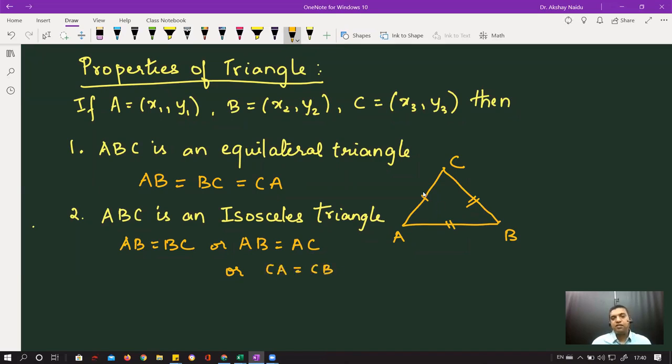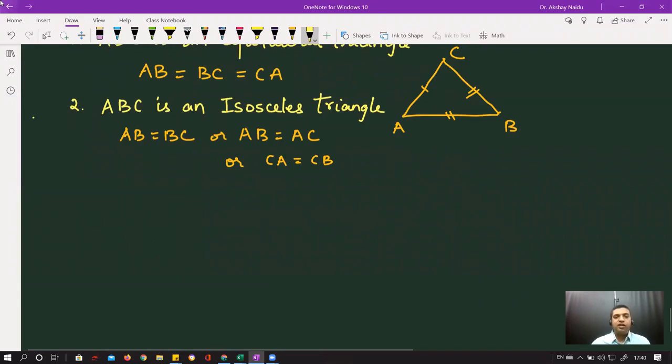See from this, any two sides should be equal. So when you observe the distances, write down the distance formula, calculate AB, BC, CA, and see if any two lengths are equal, two distances are equal, then it will form an isosceles triangle.